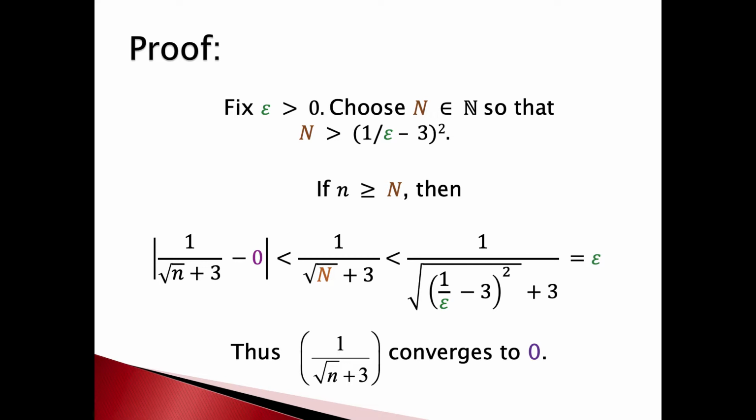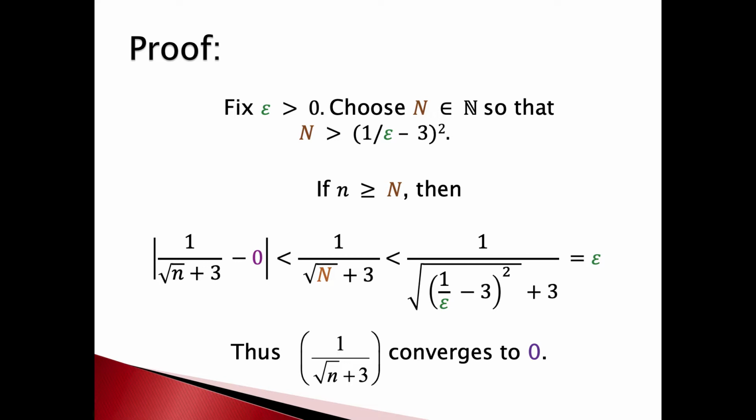And make sure that you see how, for every epsilon, we're picking an arbitrary epsilon, but then I'm doing an existence proof to show that there exists a capital N. So I give you a particular N. In fact, any number bigger than 1 over epsilon minus 3 squared will work. Then I have to show that with my arbitrary epsilon and my particular capital N that I've shown exists, that setup makes the rest of this work.